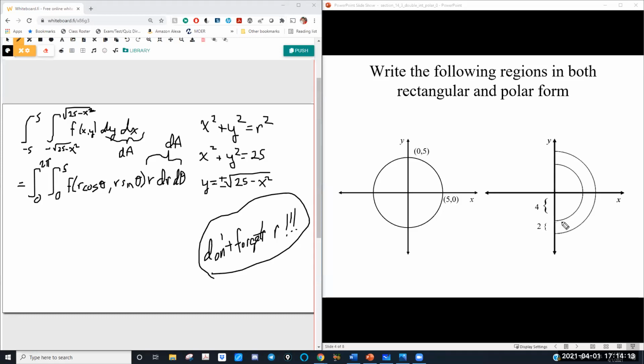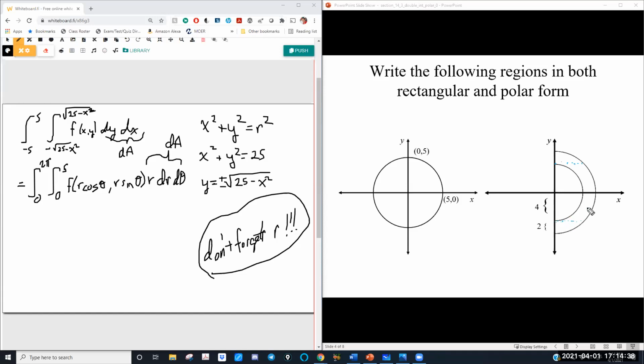So if you're going left, right, we have to break it up here, because here's the left, here's the right, then here's the left, here's the right, and then we have to break it up here. So to even have a chance of doing this one in rectangular, we'd have to break it up into 3 separate integrals, and they're not going to be pretty. I'm not going to go through it just because it'd be such a mess.